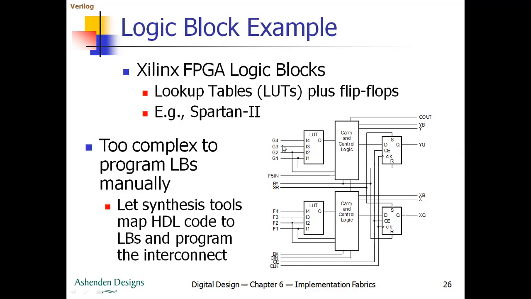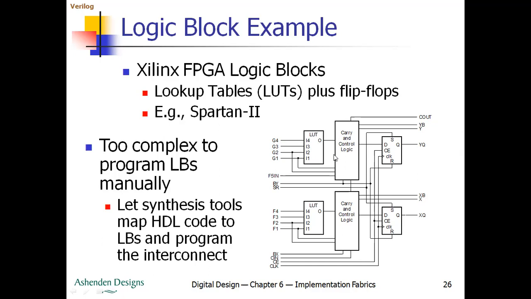Using these LUTs, we can implement any function with 4 variables. As you can see here, G1, G2, G3, G4 are the 4 variables. Hence, using a LUT, we can implement any function which has 4 variables. The output of the LUT is given to a block called carry and control logic.